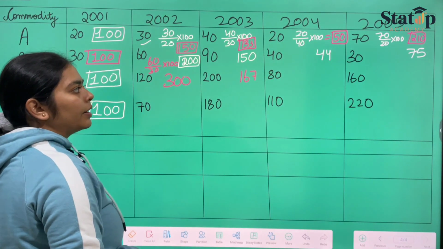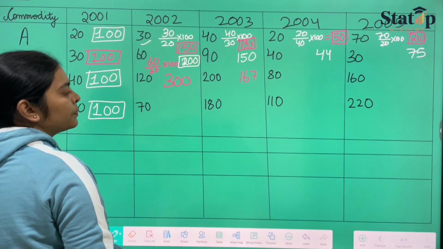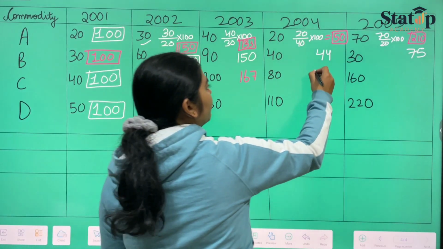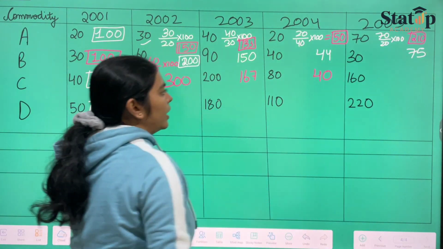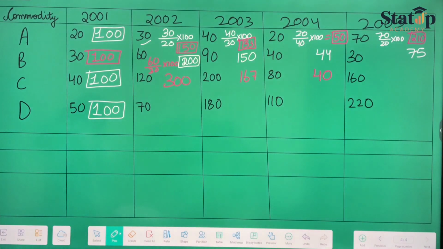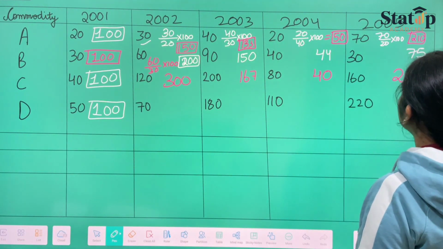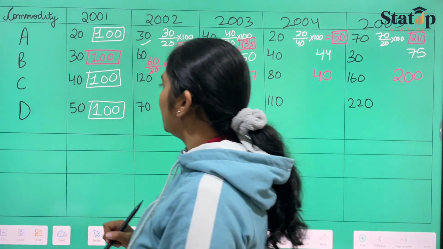80 upon 200 would be 40, I guess so. Yes. And this again will be 200, 160 upon 80 into 100.